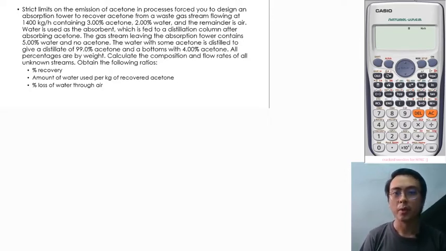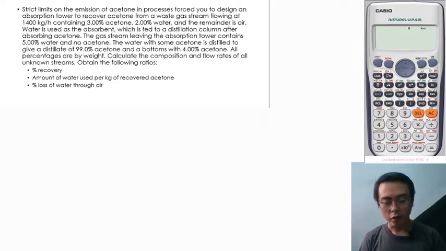Strict limits on the emission of acetone in processes forced you to design an absorption tower to recover acetone from a waste gas stream flowing at 1,400 kilograms per hour, containing 3% acetone, 2% water, and the remainder is air.